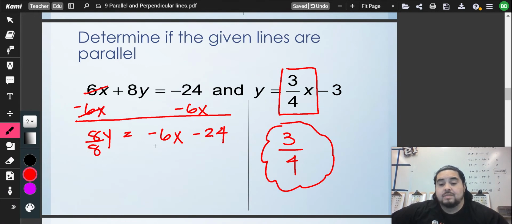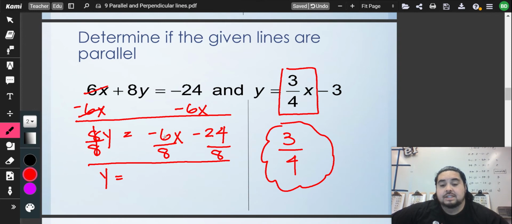If I divide one thing by 8, I have to divide every other term by 8 as well. These cancel out, so y equals, and then I have to simplify this fraction. 6 and 8 can be simplified by a factor of 2, and that gives me negative 3 over 4x minus 24 divided by 8 is 3.